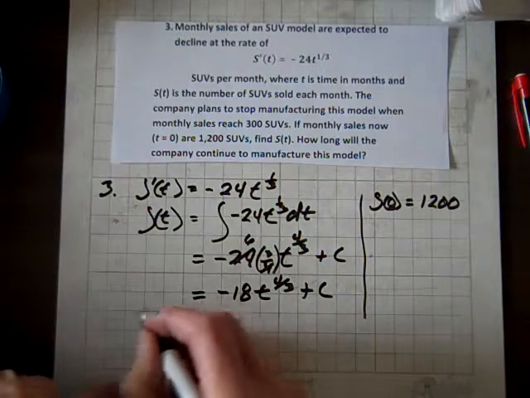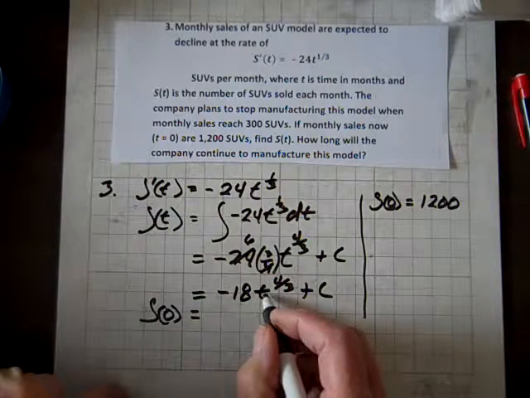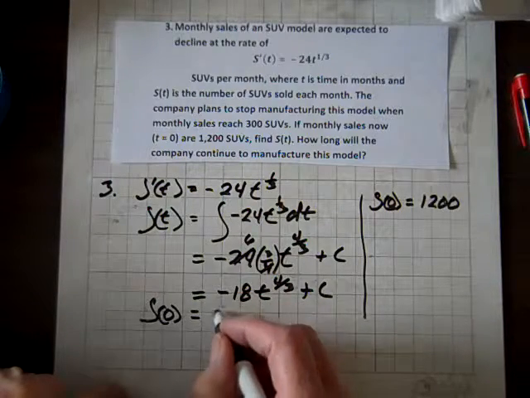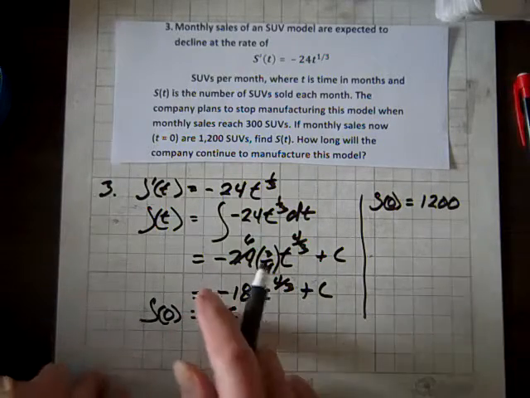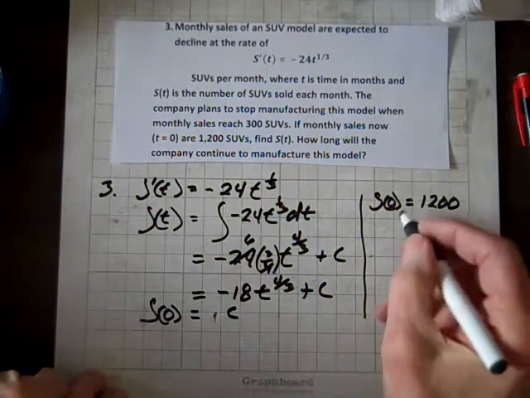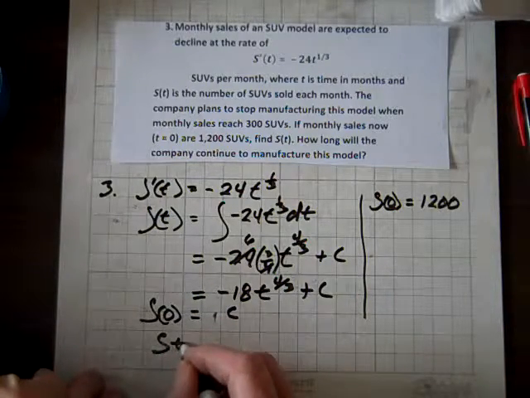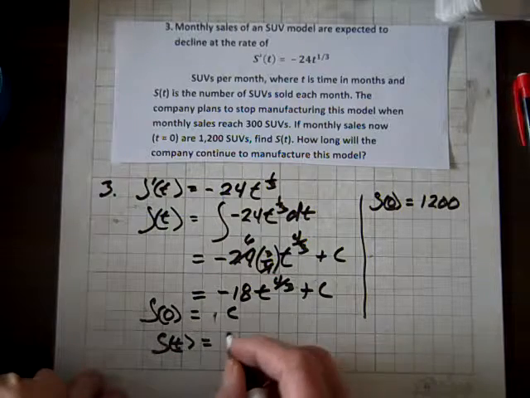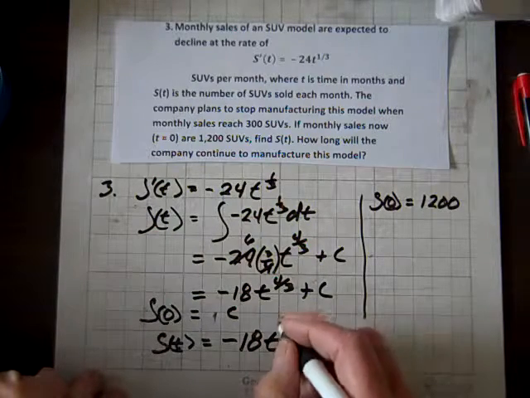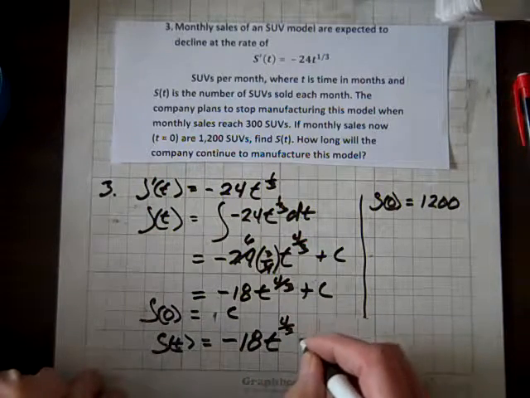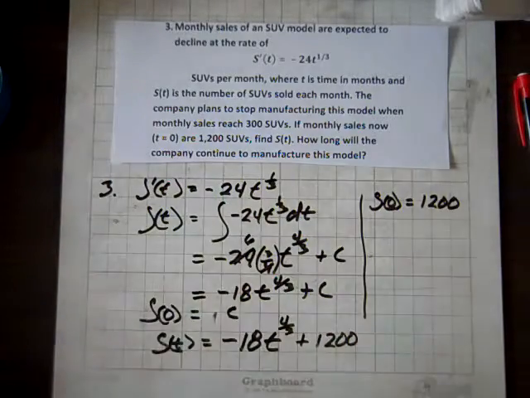So we'll look at S of 0, letting t be 0, we get plus c, and since S of 0 equals 1200, then c must be 1200. So S of t, replacing c with 1200, equals negative 18 t to the 4/3 plus 1200.